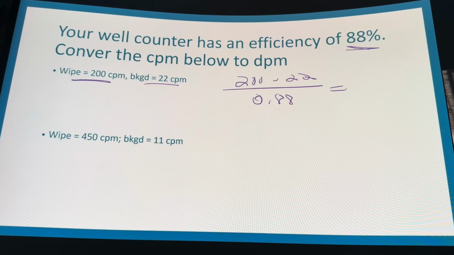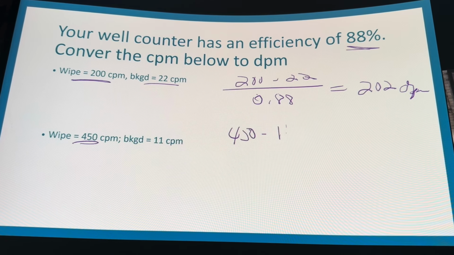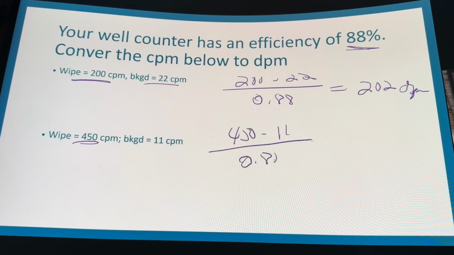My counts are 202 DPM. Same thing, wipe 450, background 11, divided by 0.88. 450 minus 11, divided by 0.88, 499 DPM.